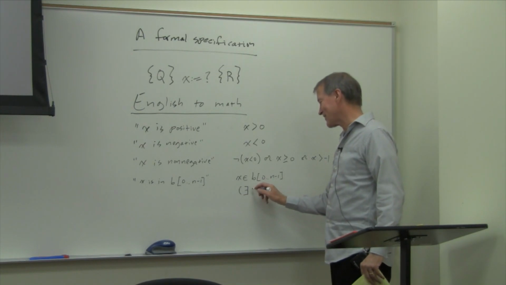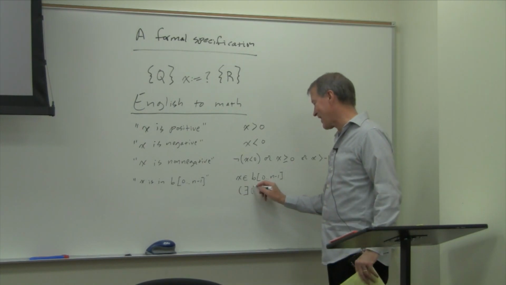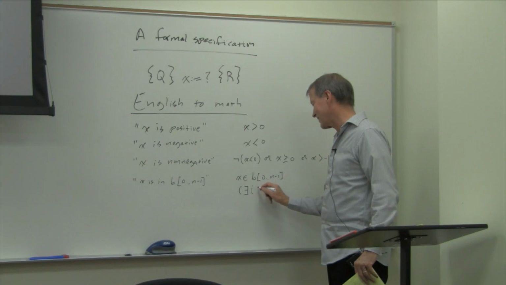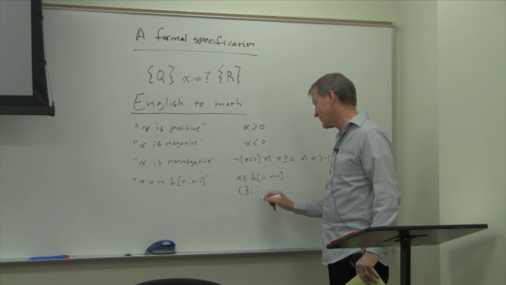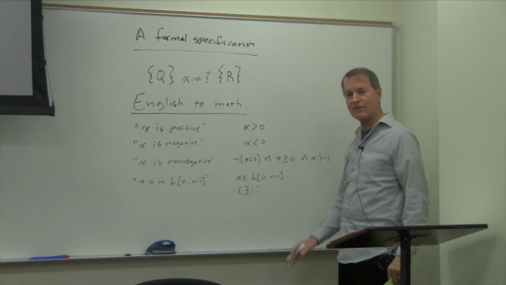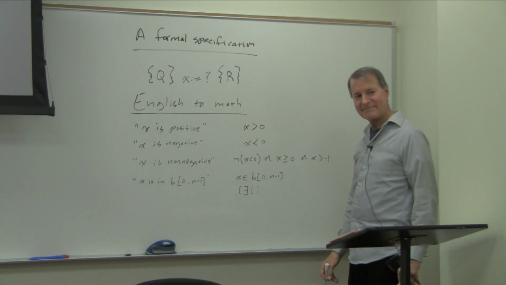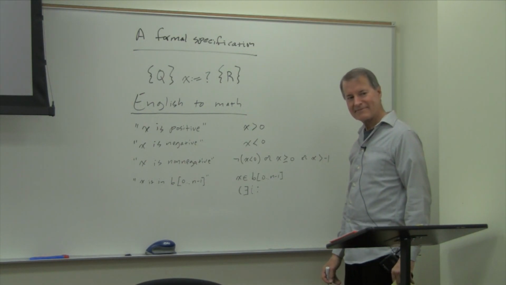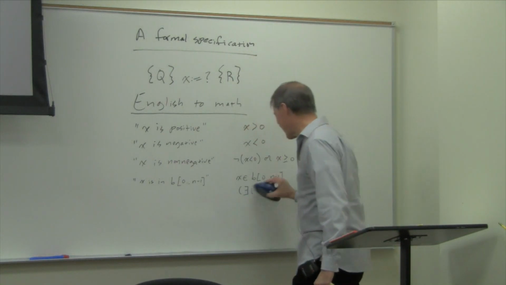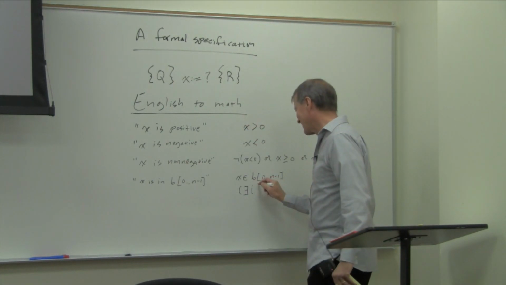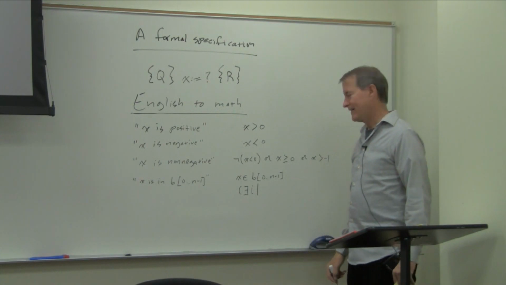Okay, so there exists an i, in what range? You didn't write the range. Sorry, you're right, I didn't write the range. This is an element of.